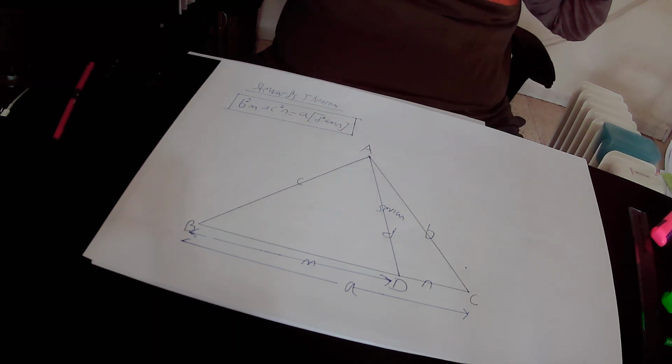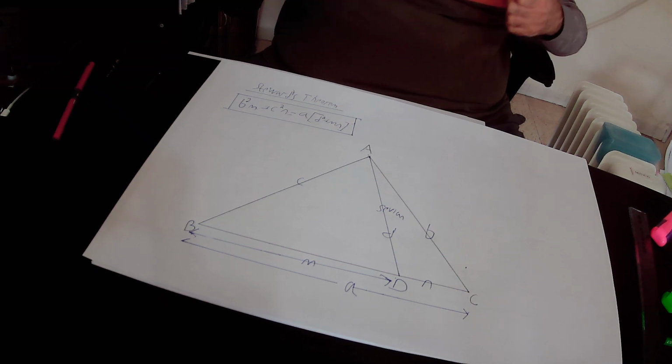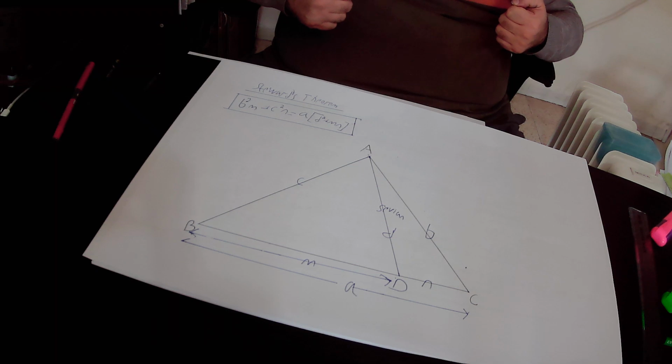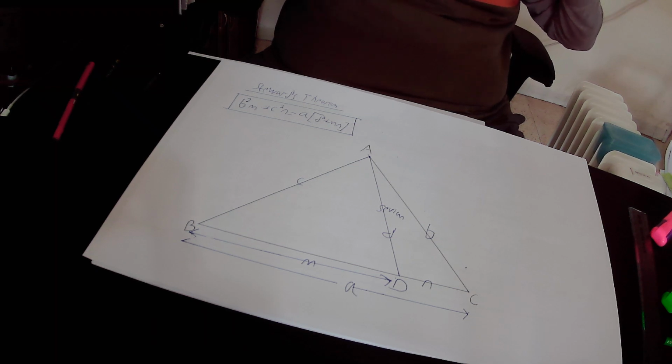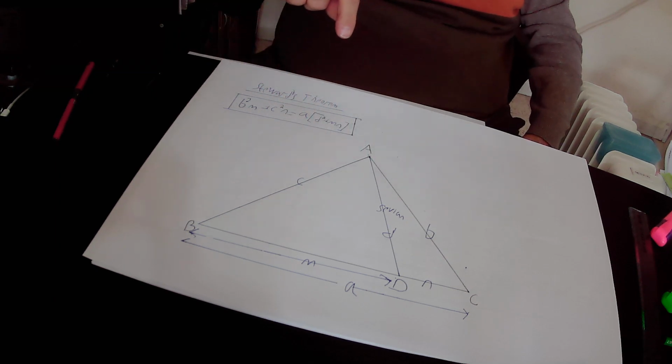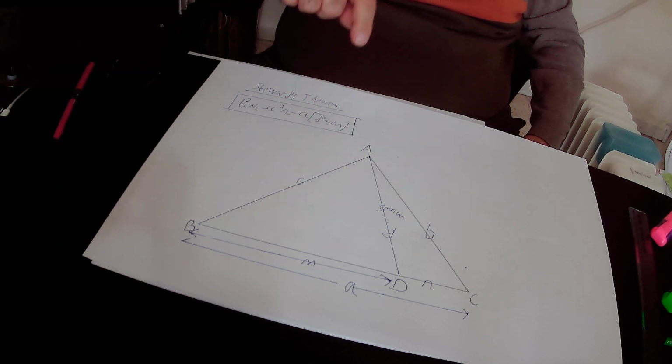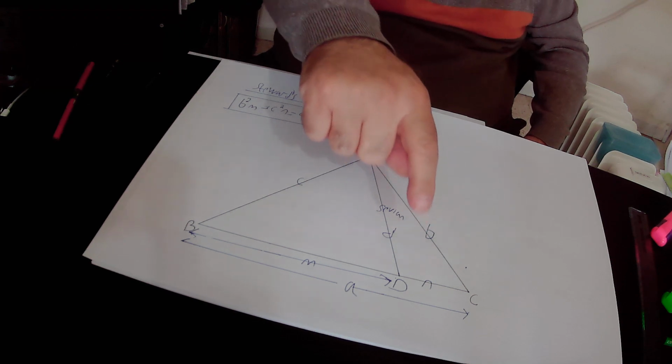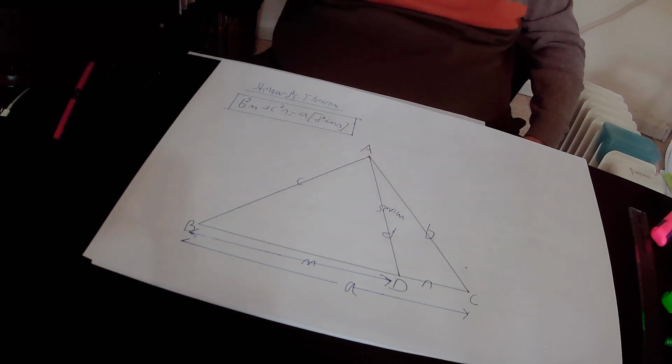So, I'll repeat again, Stewart's theorem yields a relation between the lengths of the sides in a triangle and the length of its cevian. The cevian here is AD.